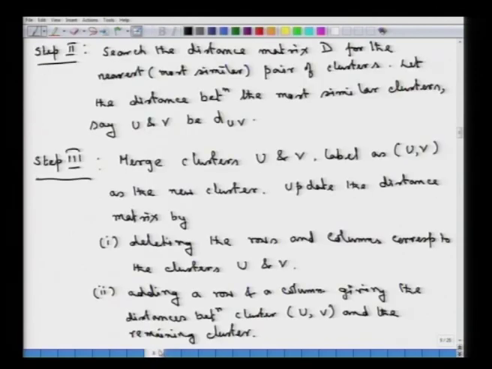So, once we have that updation done, at this particular point, we will have a distance matrix which is going to be n minus 1 cross n minus 1, because there are n minus 1 clusters.